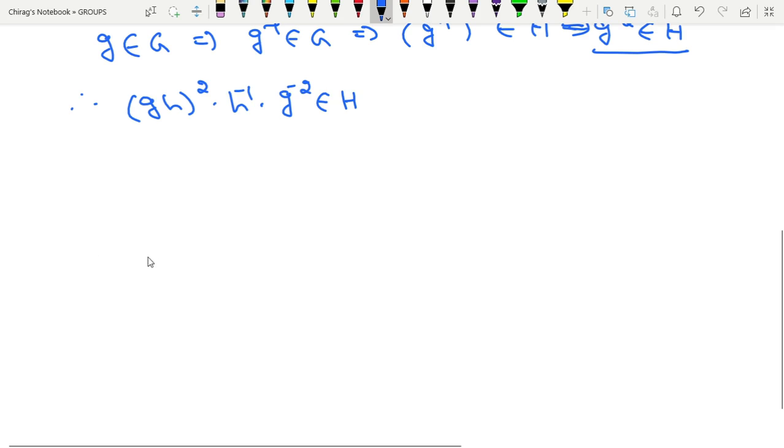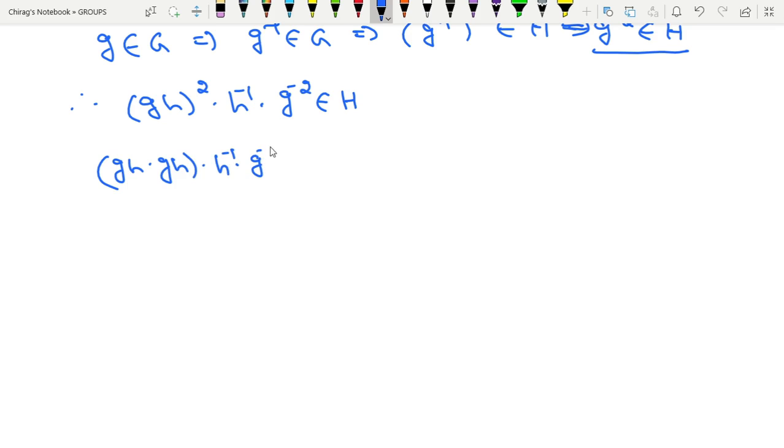So now (gh)² means what? This is nothing but g h g h, (gh)(gh) into h⁻¹ into, this is nothing but g⁻¹ into g⁻¹. This belongs to H. So this implies now we can combine these two because the associative property holds.